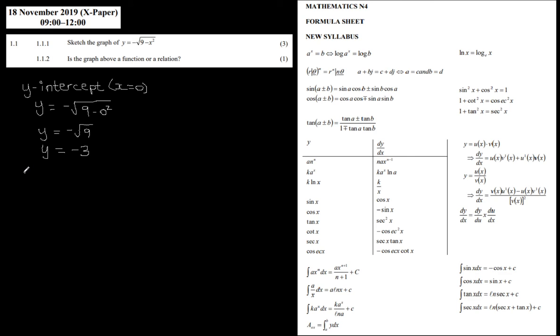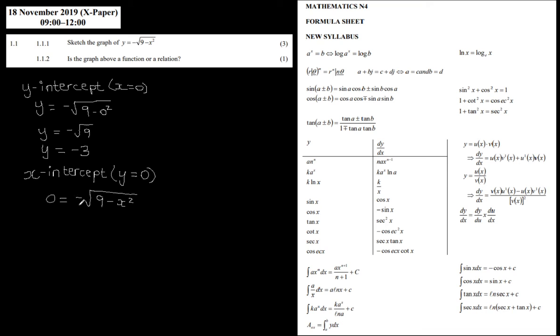Will we be able to calculate our x-intercept of this graph? For the x-intercept, we set y equals 0. So we'll have 0 equals negative the root of 9 minus x squared.